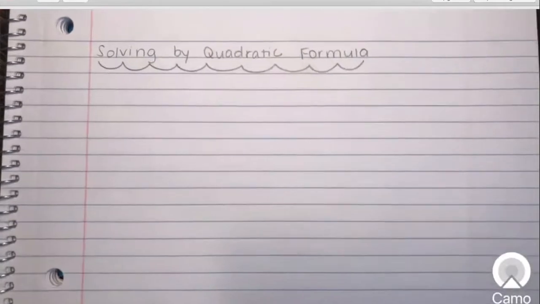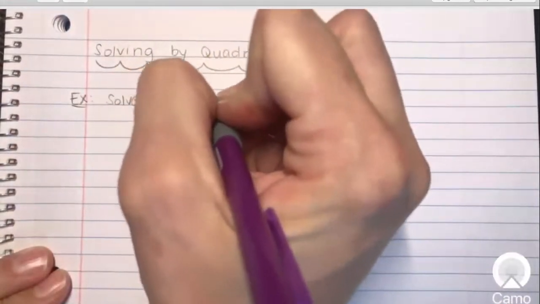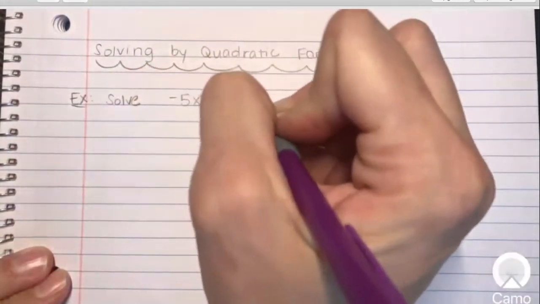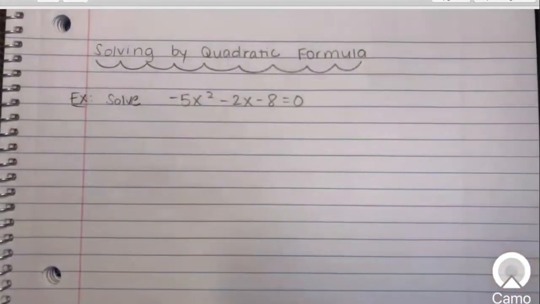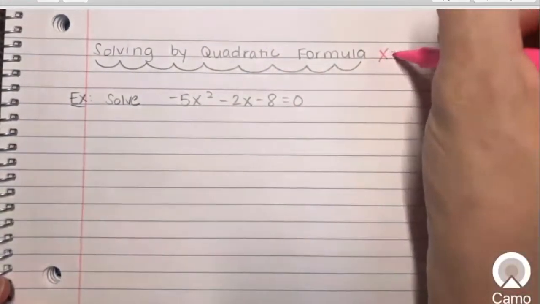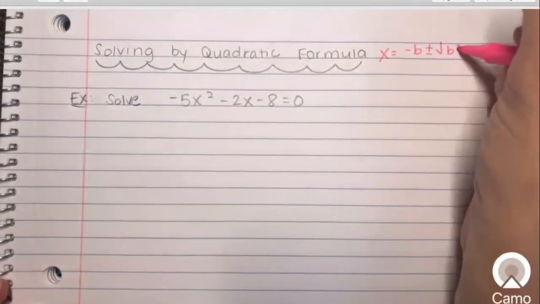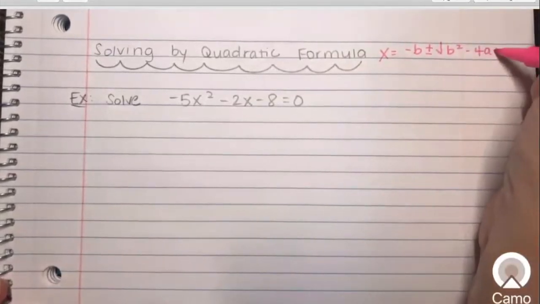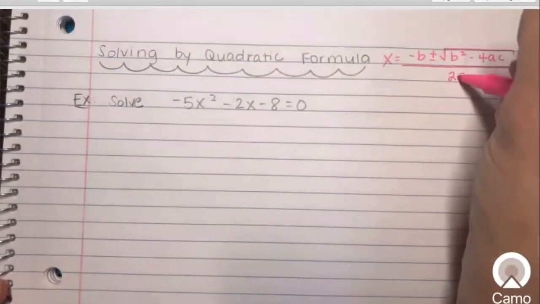So now we're going to look at how we can use the quadratic formula to solve a quadratic. So our example will be to solve negative 5x squared minus 2x minus 8 equals 0. And remember, our quadratic formula is negative b plus or minus the square root of b squared minus 4ac all over 2a.